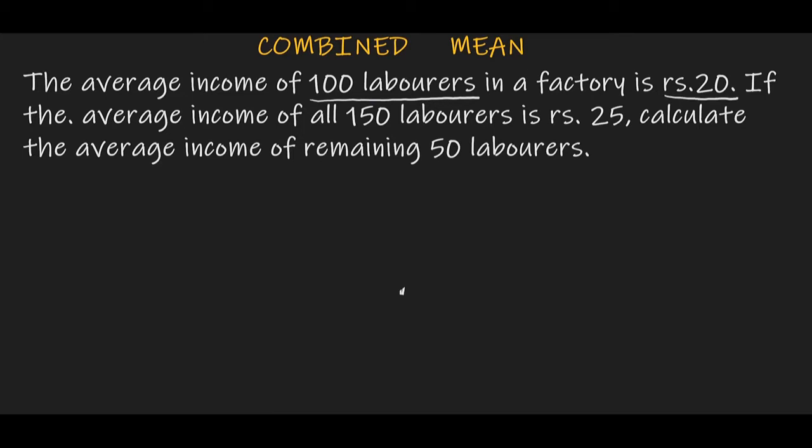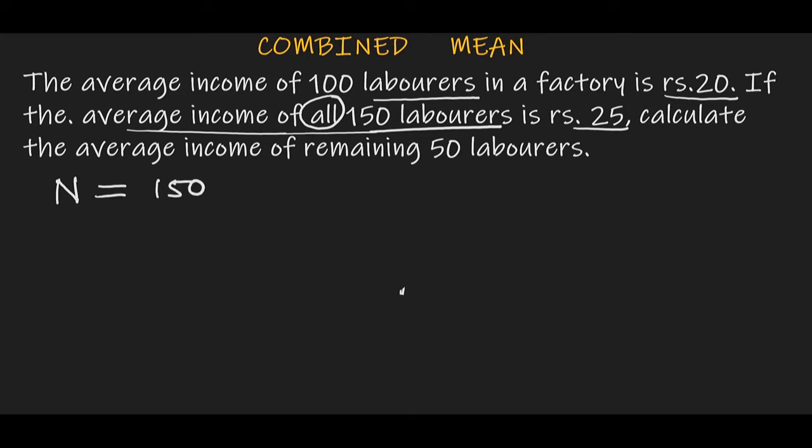And the next line is, if average income of all the 150 laborers is rupees 25, it means total number of workers are here 150. So here we will write N means total number of workers is 150.